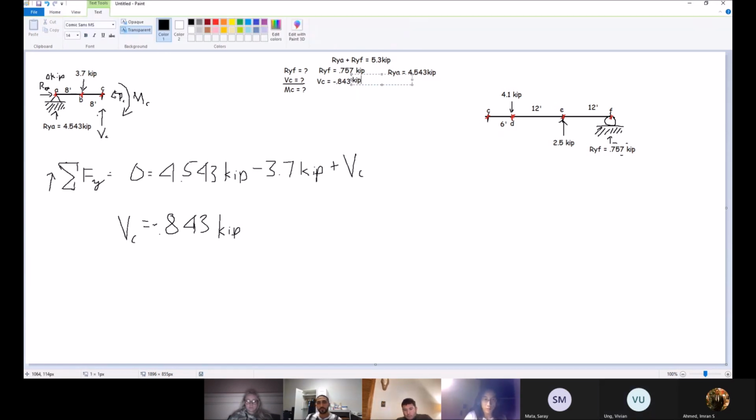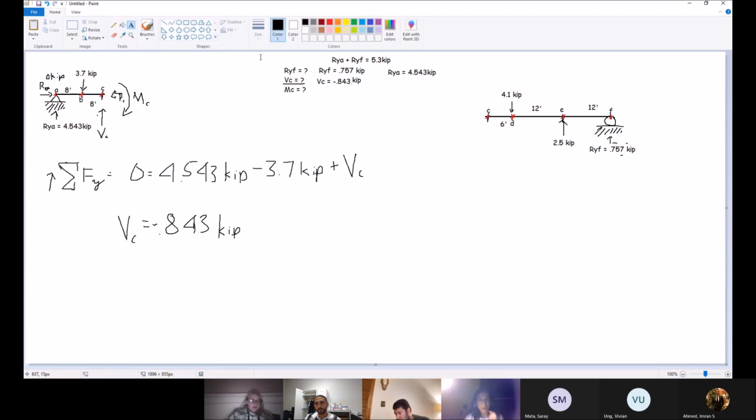So negative 0.843 kips. So what does that mean? That means it's pulling down. You see how this force is going up? If it was a positive force, then it would be pushing up the entire body. But if this is negative, it would actually be pulling it down.